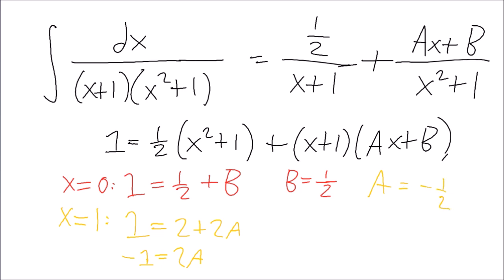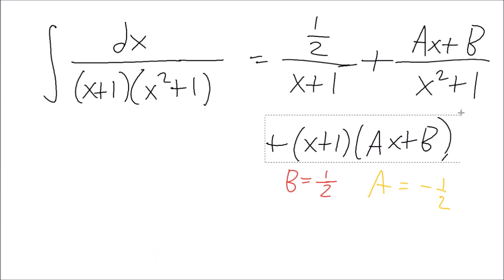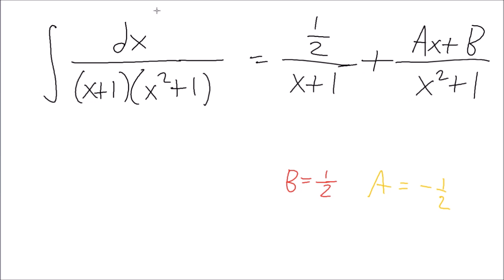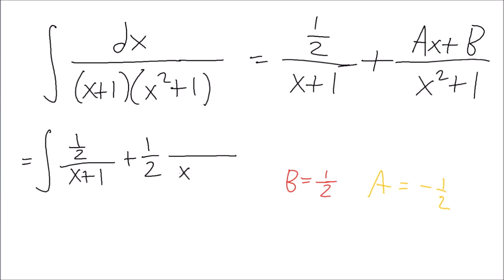Got it. All right. Then I would use my eraser on my left hand to erase everything except those two pieces of information. Okay, so now we know what to do. This is a half, x plus 1, and then we have a half x squared plus 1.